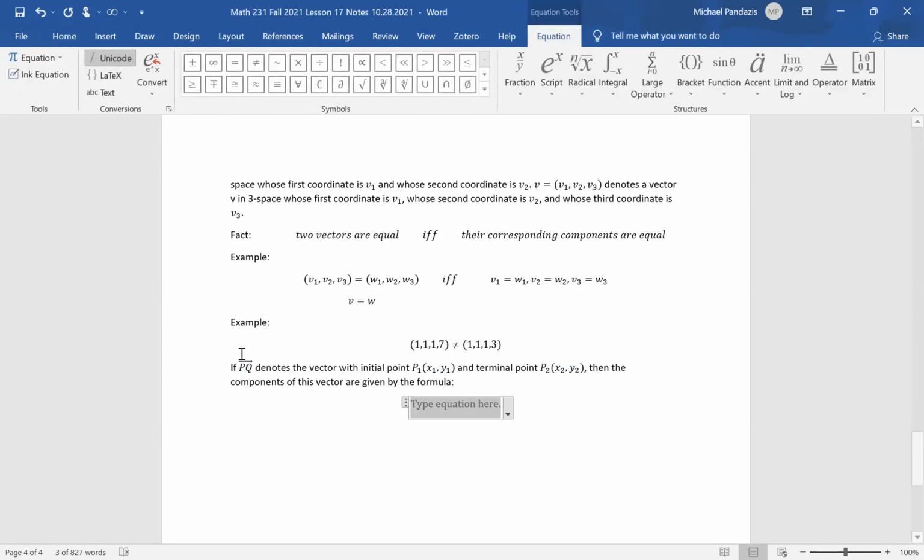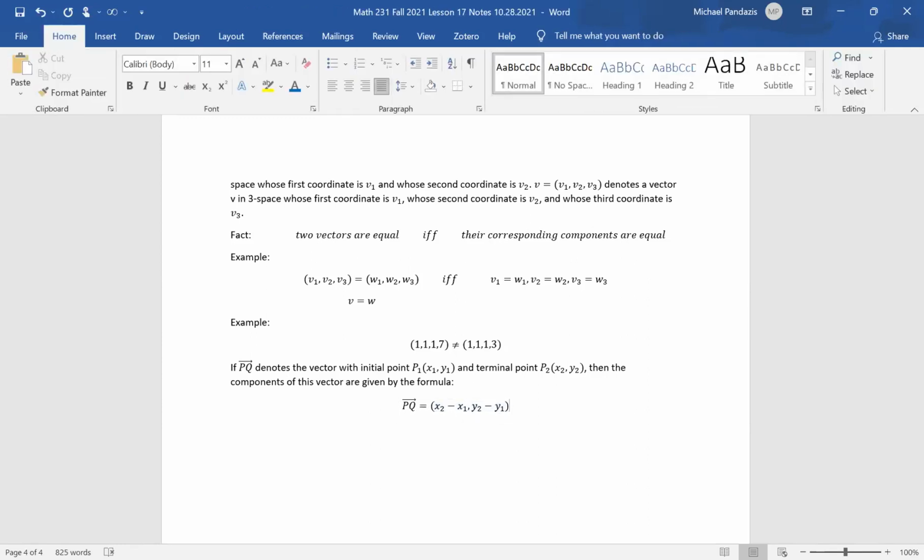So the vector P1P2 is equal to the vector whose coordinates are x2 minus x1, comma y2 minus y1.